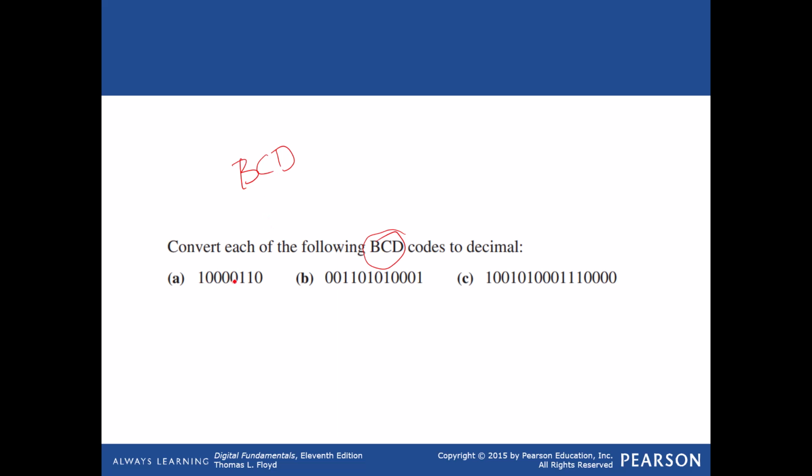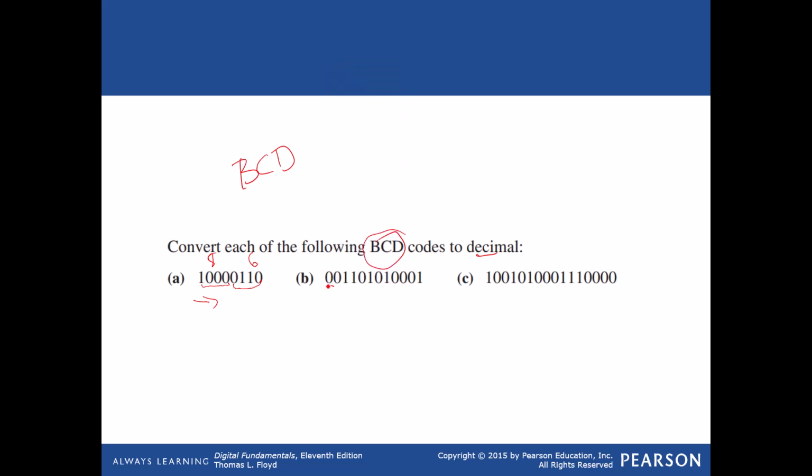So how do we figure out what the decimal is? We count 4 as we go from left to right. So we have 1, 2, 3, 4, and this is another 4. This one is 8, you can look at the table, and this one is 6. So 86.